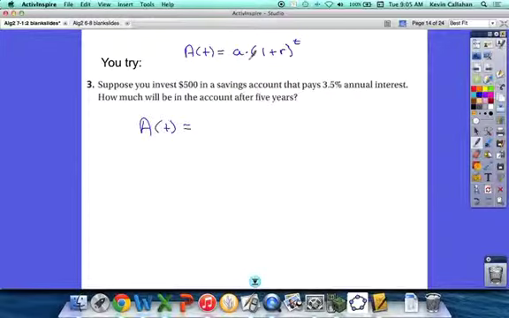Right. So again, in this formula for growth through decay, that lowercase a, that's the initial amount. What do I put in for that? 500 is the initial amount, right? 500. Right. What is going to be raised to the t power?